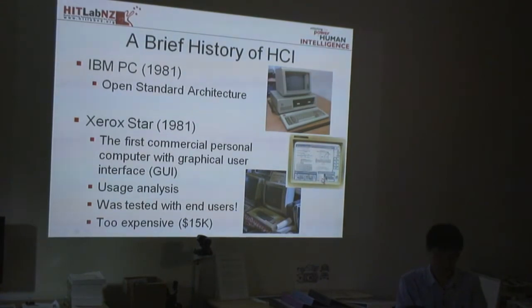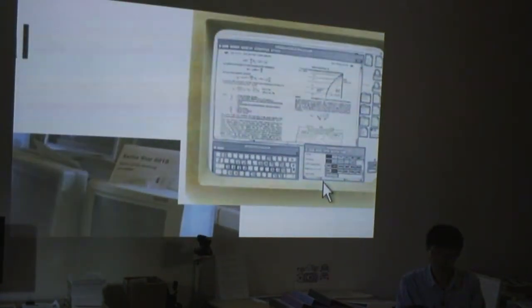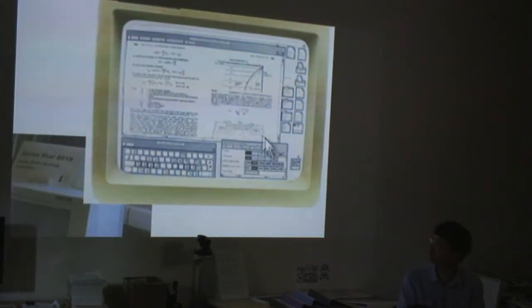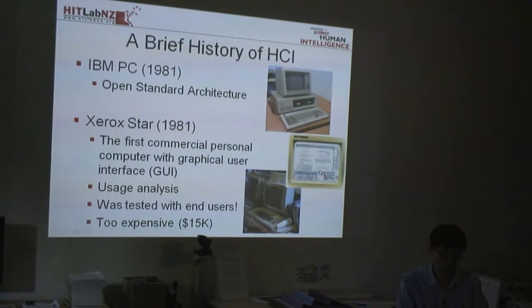So if I show you, this was the screen that they developed in the early '70s. It's quite amazing. Although it's a black and white screen, it still has some concept of windows, with the screen separated into windows and some icons, and it was developed back in the early '80s.